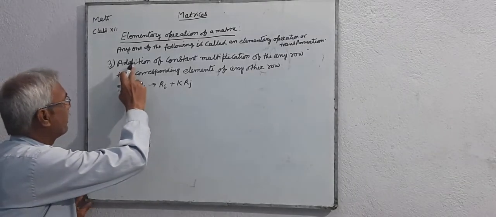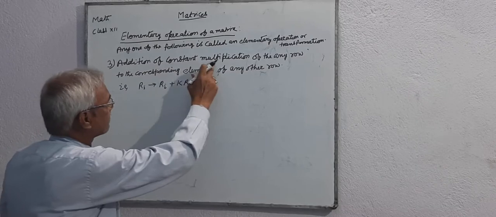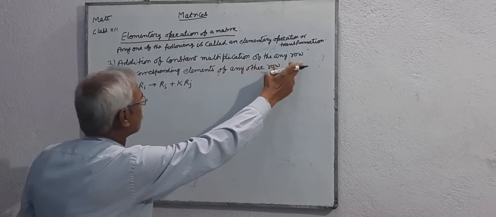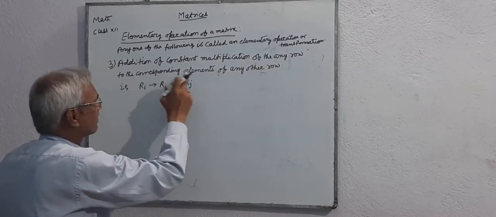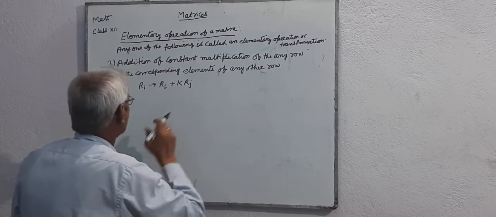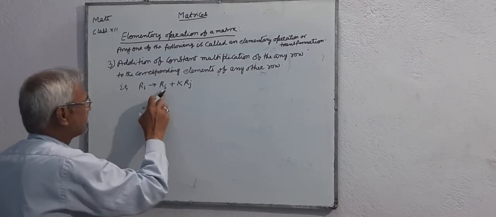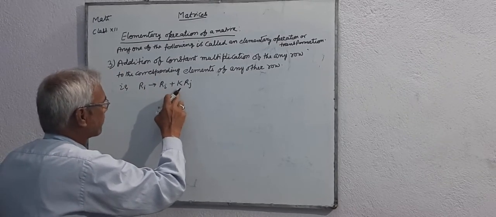Third, addition of a constant multiple of any row to the corresponding elements of any other row. For example, Ri is written as Ri plus kRj.